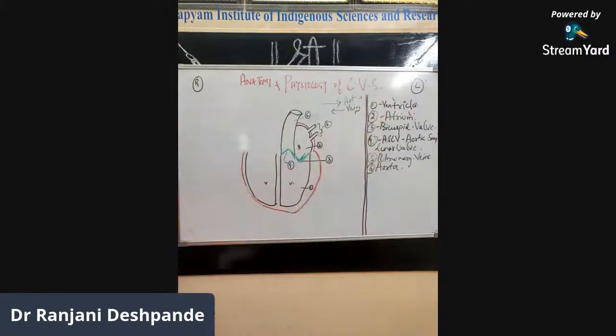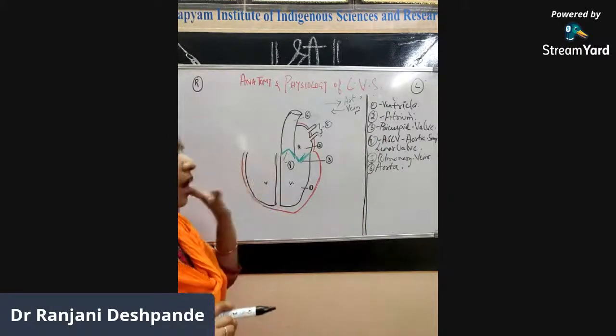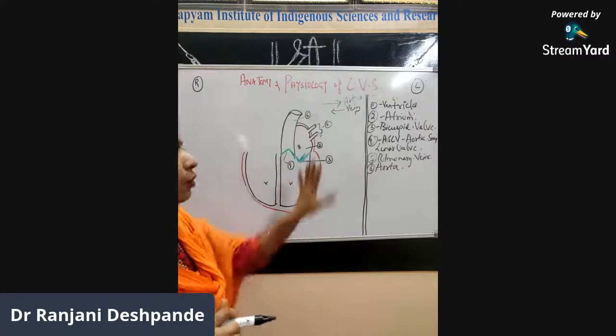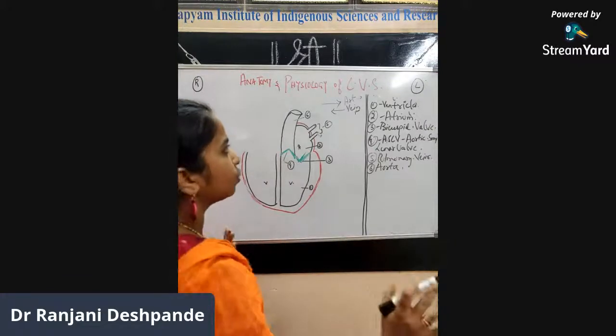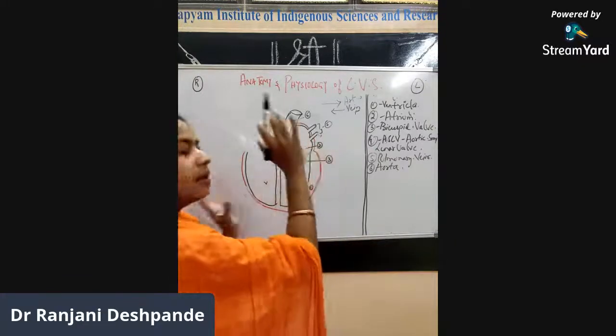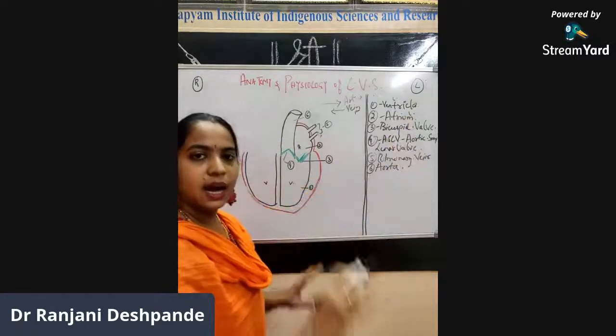That is the usual definition we know. But here there is an exception. So a better anatomical description could be: any vessel that carries blood towards the heart is a vein, and any vessel that carries blood away from the heart is called an artery.